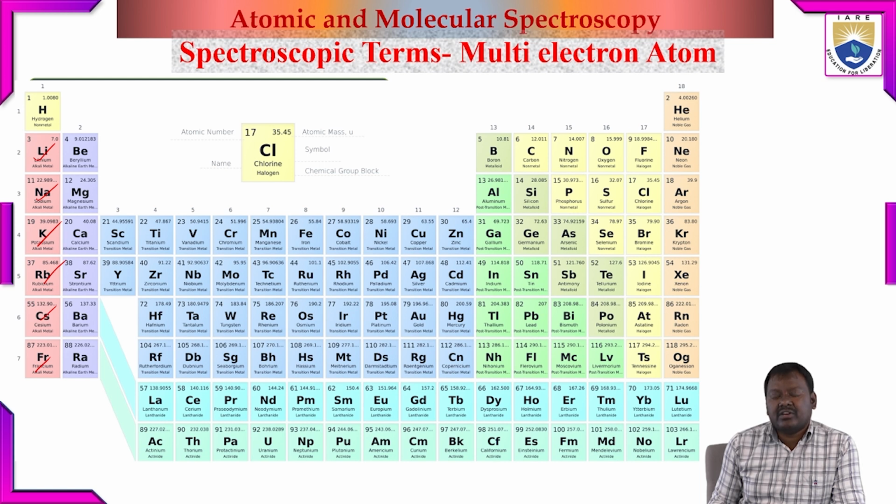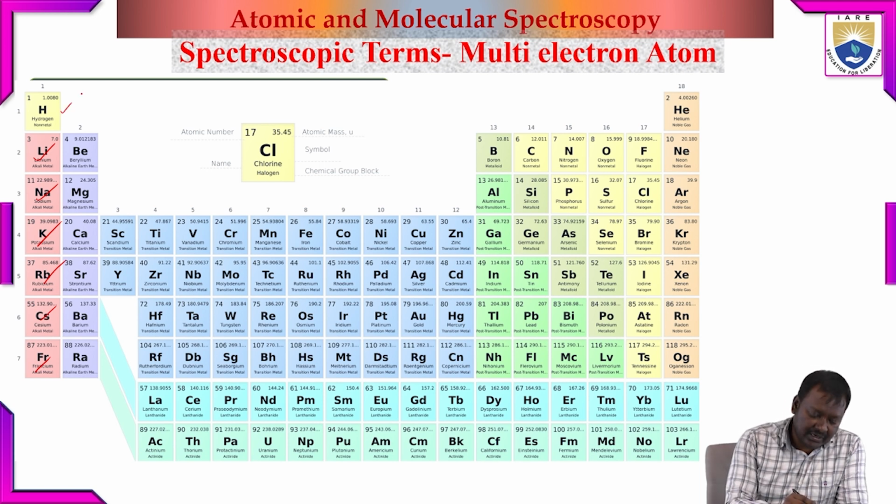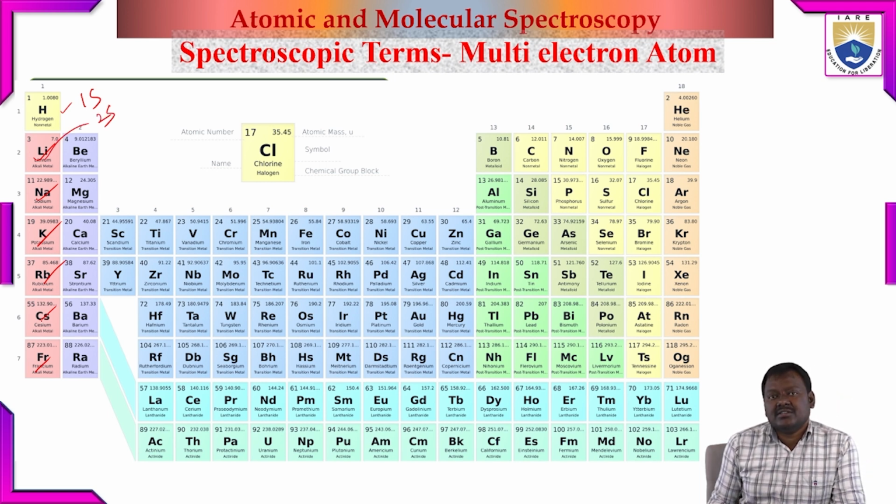That means the outermost electronic configuration contains a single electron in the s orbital. So this is the 1s electron, this is the 2s electron, 3s, 4s, 5s, 6s.